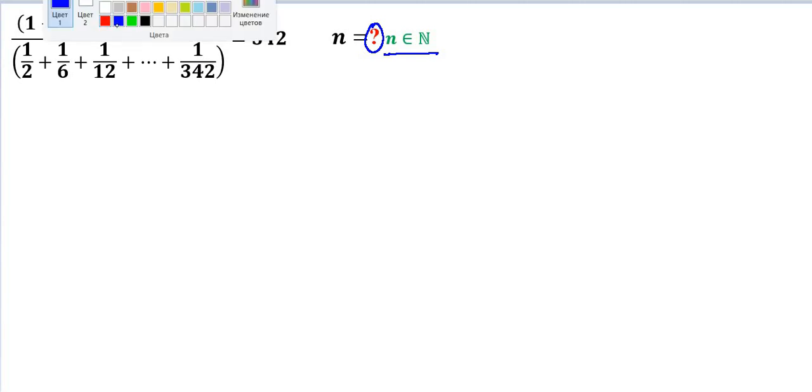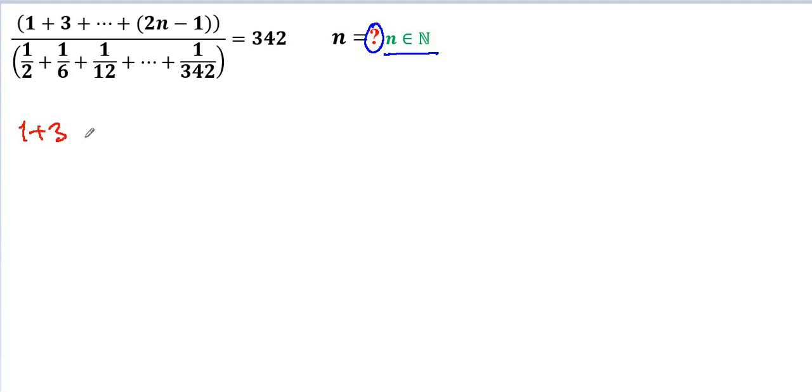Let me rewrite the numerator as it is here: 1 plus 3 plus, and here the third term we can clearly see is 5, and so on, plus 2n minus 1. Now this is an arithmetic sequence where we have to find the sum.